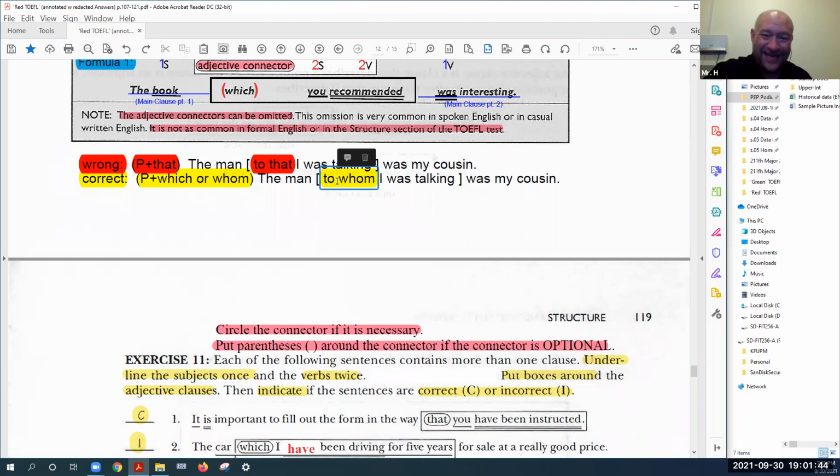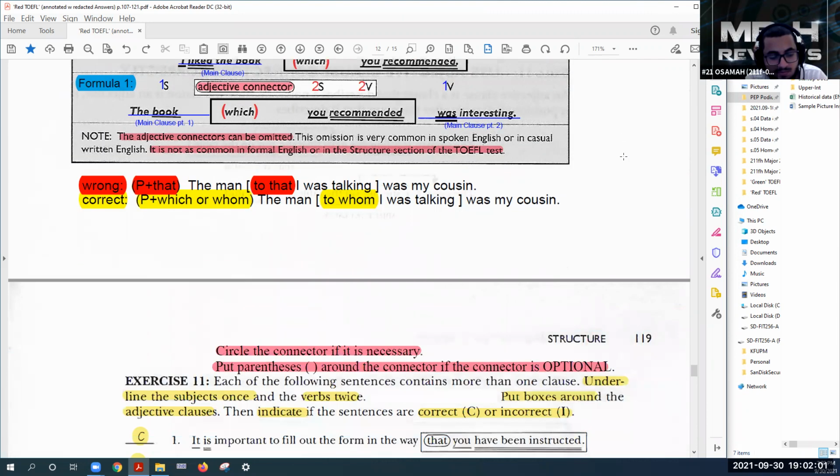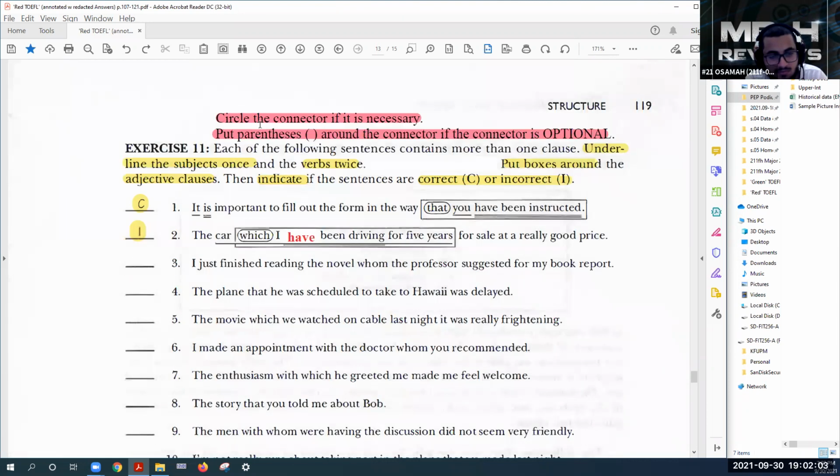You use whom after the preposition. Never use that after a preposition. Is that clear? Okay. So let's move on. Let's do the exercise.